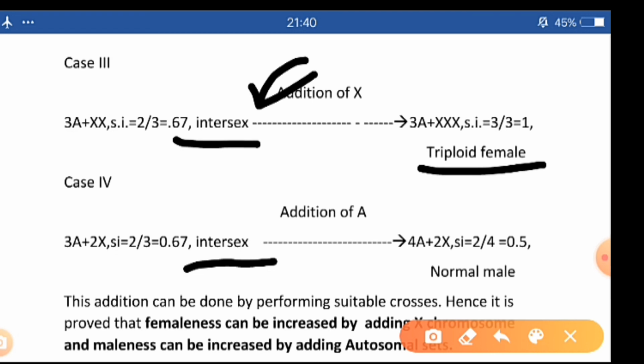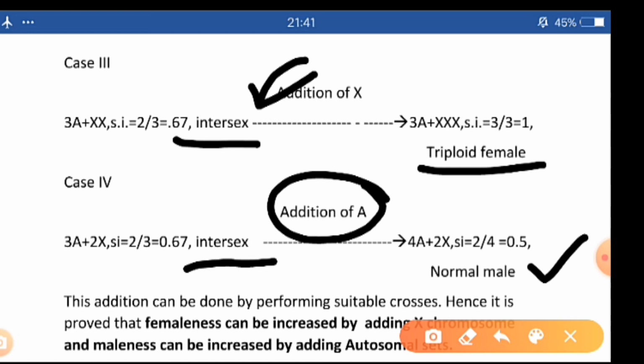That is, femaleness is increased by adding X, whereas intersex has been converted into male by adding A. That is, if we add A to the intersex Drosophila, then that intersex Drosophila will be converted into normal male.